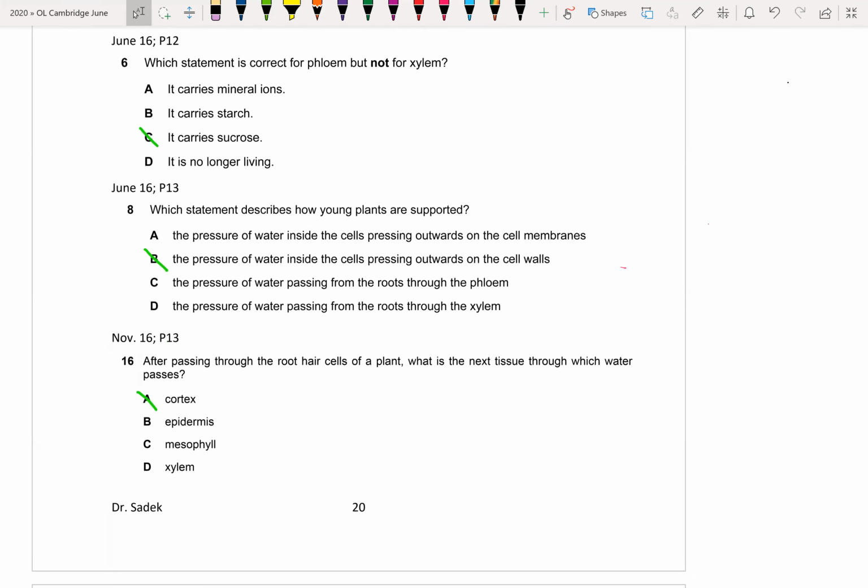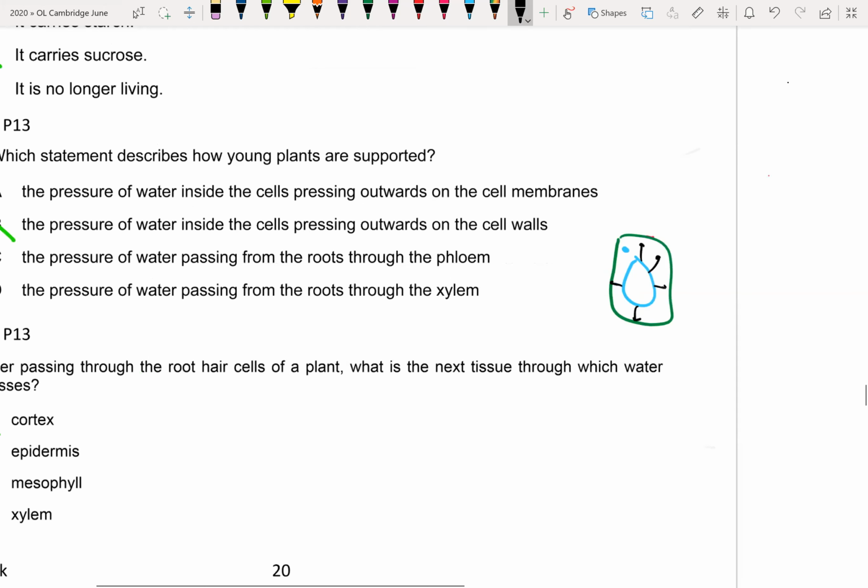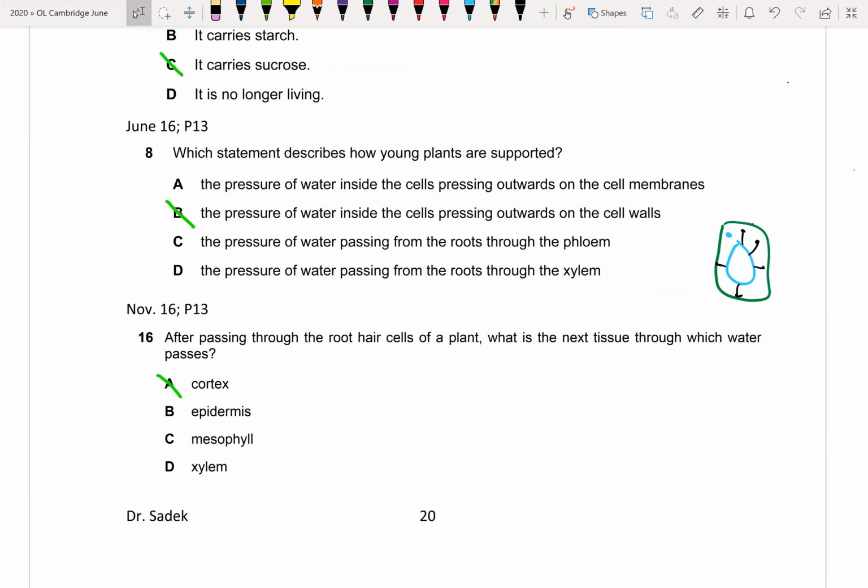Young plants are supported as the pressure of the water inside the cells is pressing outwards on the cell walls. That's a fact. We said the vacuole becomes turgid, full of water, so it starts to apply pressure on the cell wall, that is internal pressure. So, Omar, when we talked about plant cells, we said the function of the vacuole is that it stores water and cell sap, and its function is to give internal support to the plant by applying internal pressure on the cell wall.